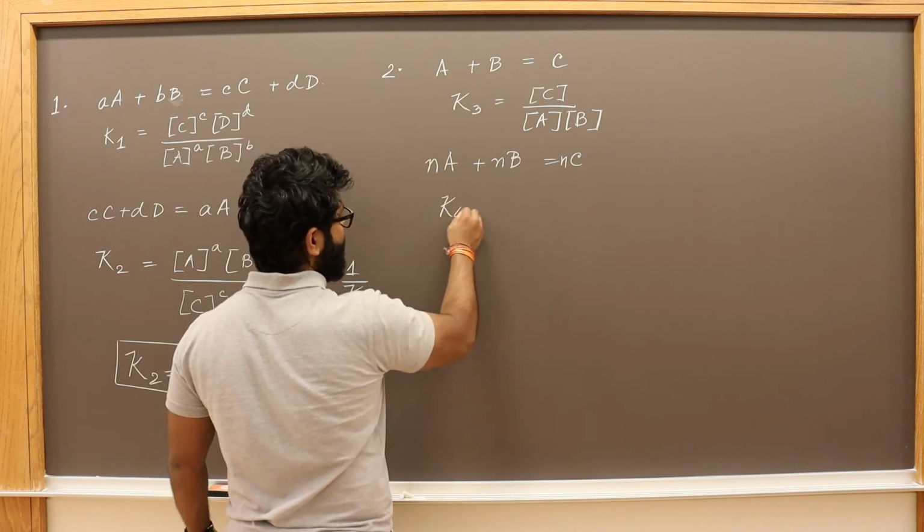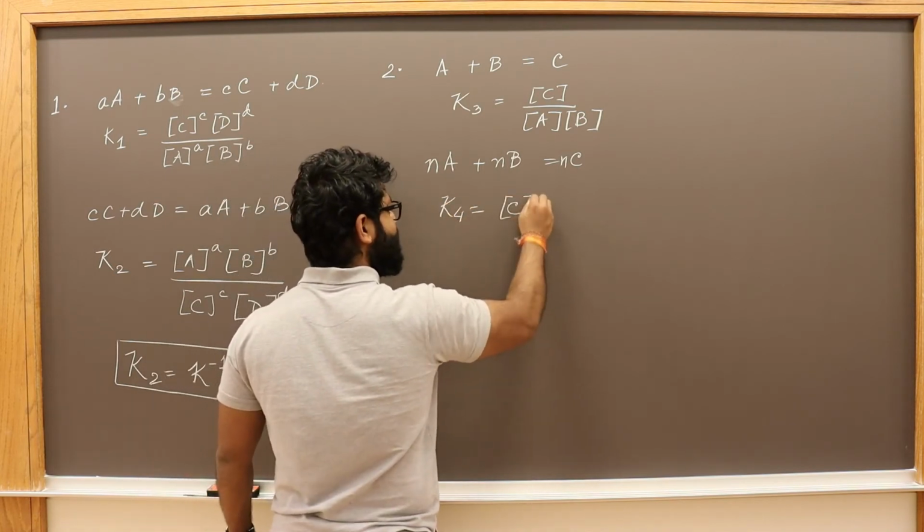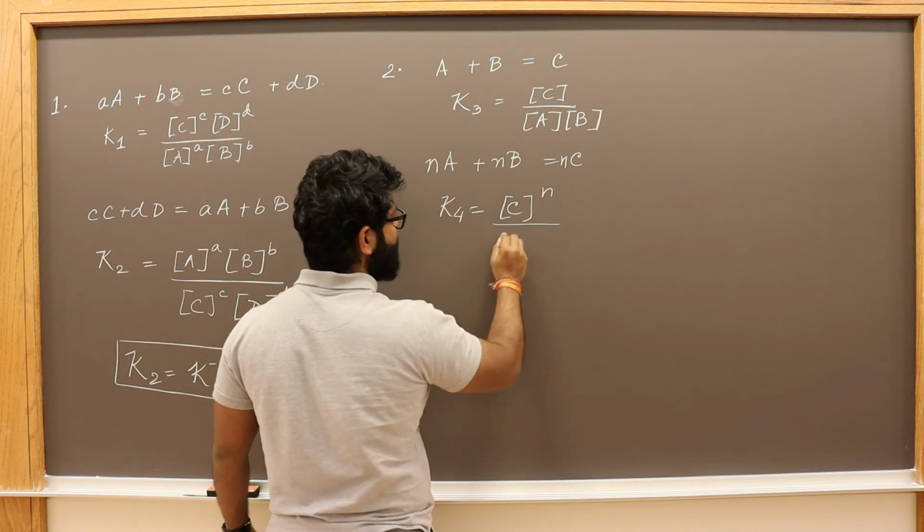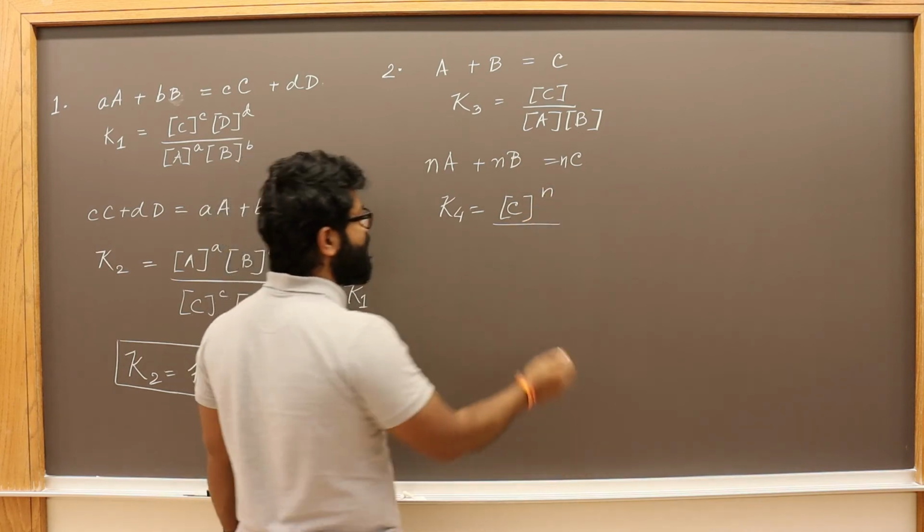So let's assume this is K4. This N can be anything. This can be a fraction, okay?